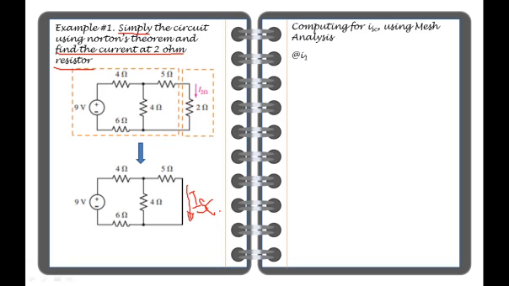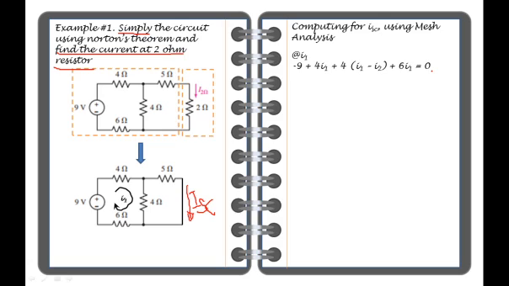So at I1, this is the I1 portion. I1 is the current passing through the 9-volt voltage source, the 4 ohm resistor and the 6 ohm resistor. Creating the equation, it will be -9 plus 4(I1 - I2) plus 6I1 equal to 0.